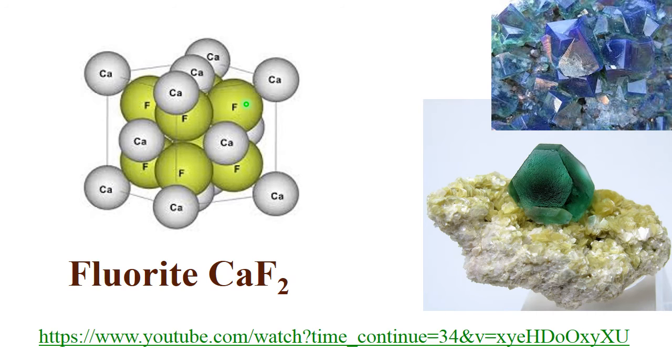The structure is again cubic, with twice more fluorine atoms than calcium atoms. There are plenty of other compounds with similar composition, one atom of element 1 and 2 atoms of element 2, that will have this fluorite structure.